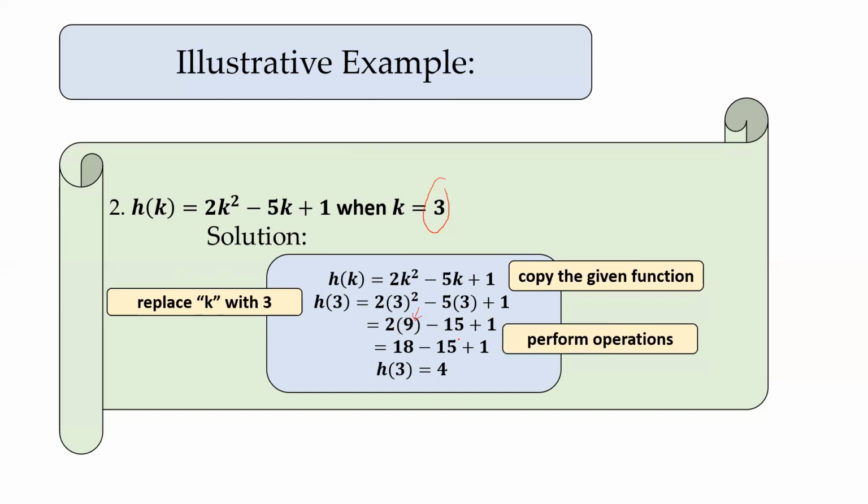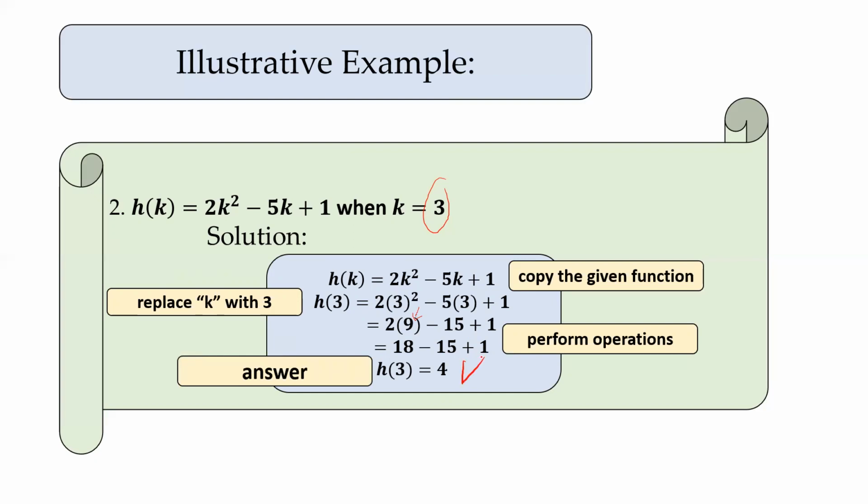Proceed to perform further operations. We have 2 times 9, that would be equal to 18, minus 15 plus 1. Then simplify the expression. 18 minus 15 is 3, plus 1 would give us the result of 4, and 4 is our final answer.